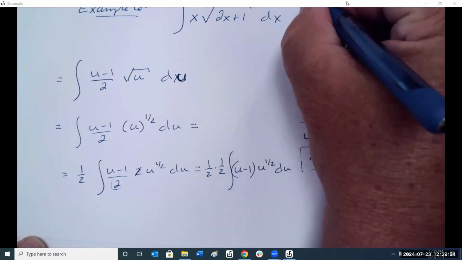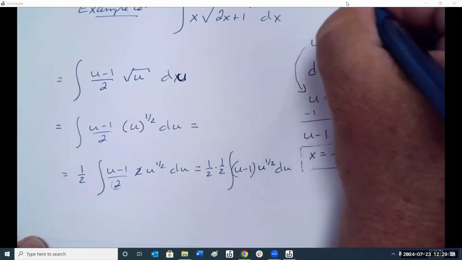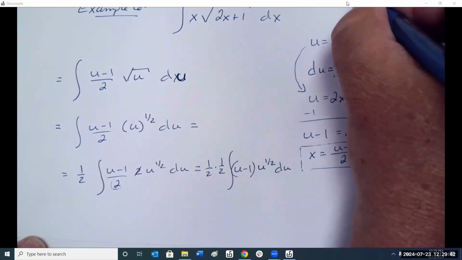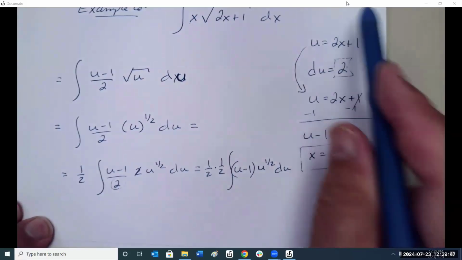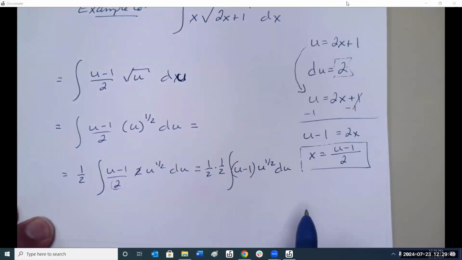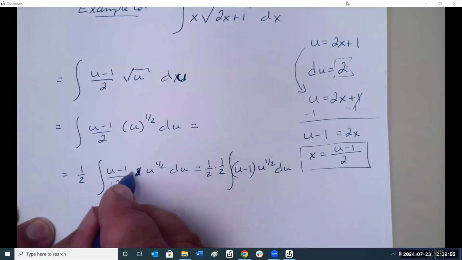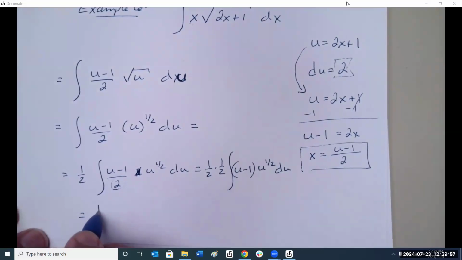So we know that the square root of 2x plus 1 dx is equal to 1/2 square root of u du because of this. So that one is there. This one comes out. So we have 1/4.